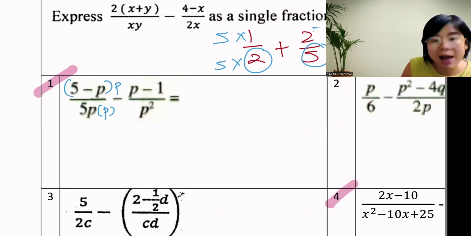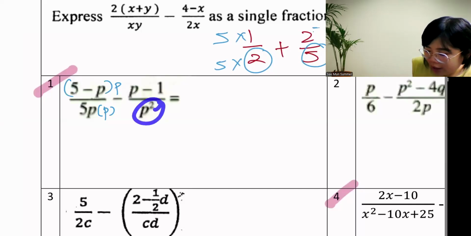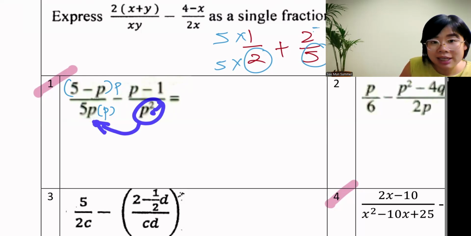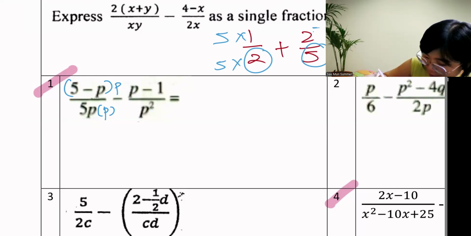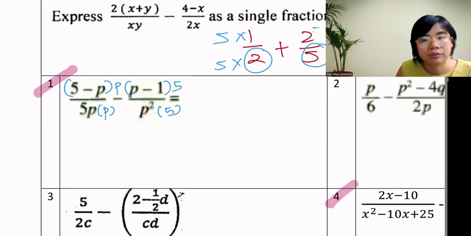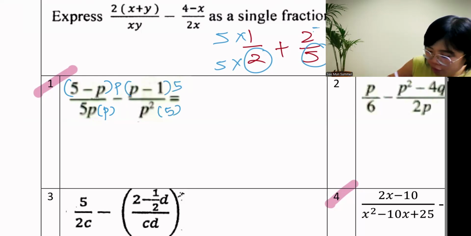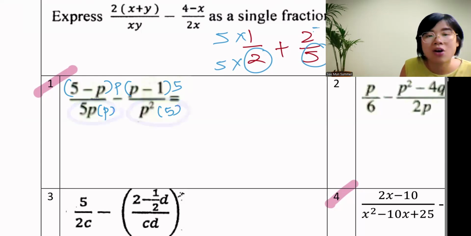So they become 5p squared. This is called adjustment. How about p squared? How do I change p squared to 5p squared? I just need to times 5. So I times 5, so I also times 5. Then can you see both of them are 5p squared? So this is called adjustment.